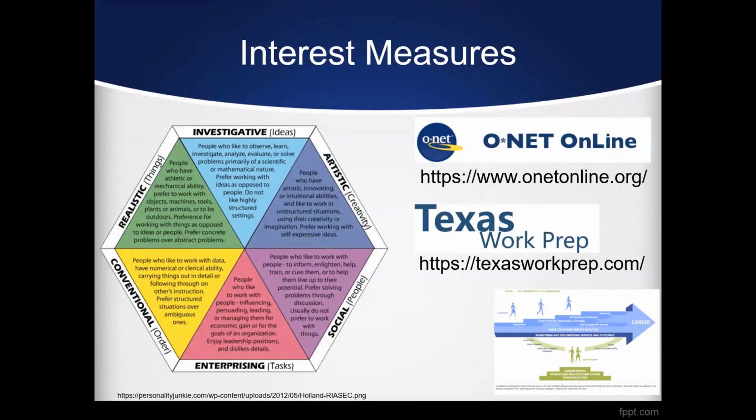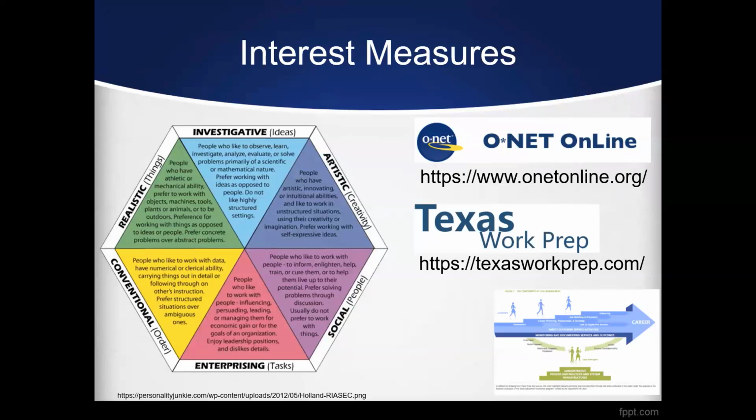The acronym RIASEC is used for the 6 personality types that it measures. The personality types are realistic, investigative, artistic, social, enterprising, and conventional. You could see these in the diagram.